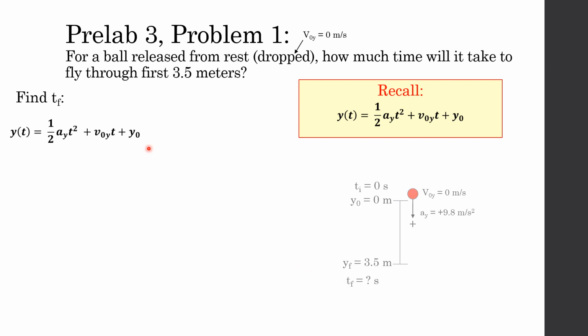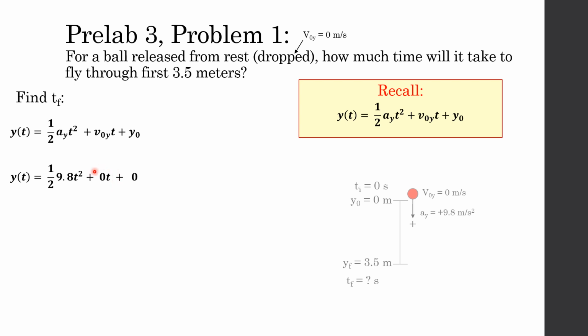Here we've written out our position equation again. Now we're going to plug in our values from our picture. This is going to be the only time that I actually put in the 1/2 times 9.8. Typically, I'm just going to simplify this right away to 4.9. But since it's the first problem, I left that there so that you can see where that 4.9 came from.